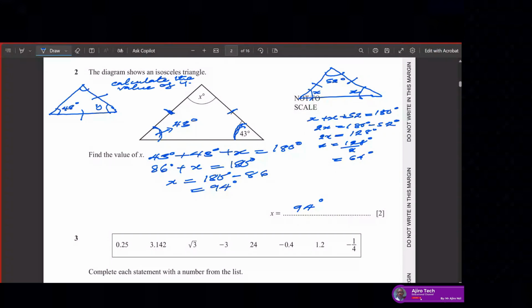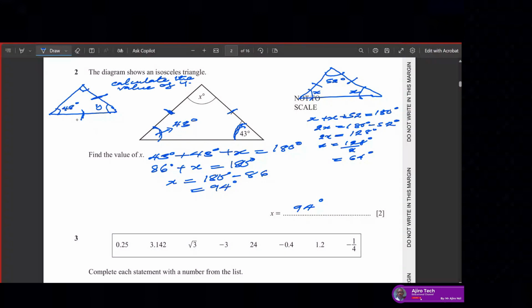Now, if you look at this one, this angle facing this one here, then this angle facing this one here. So which two angles are the same now? The one on top and y. Good. So use that idea to solve this. Y is 66.